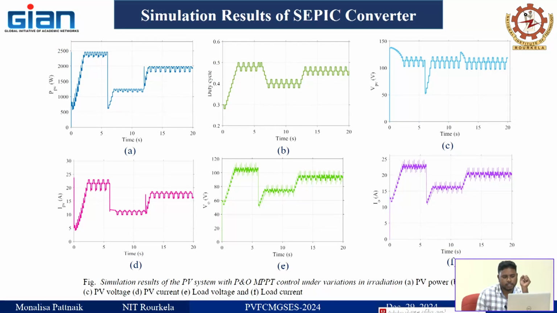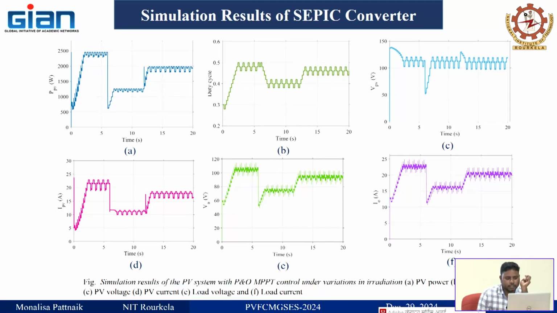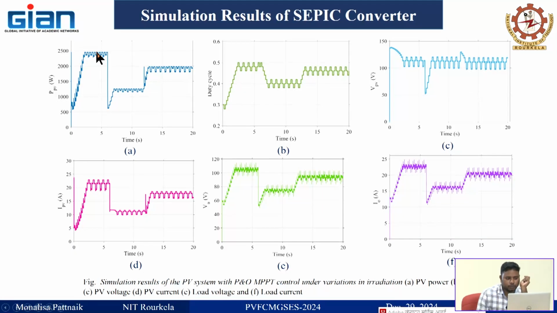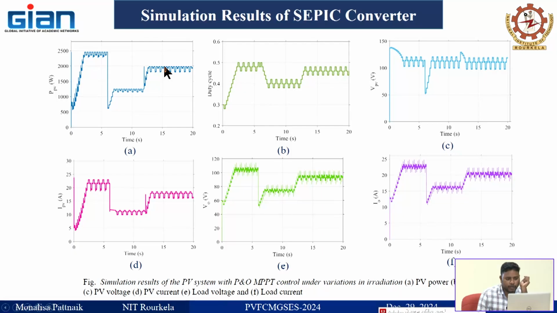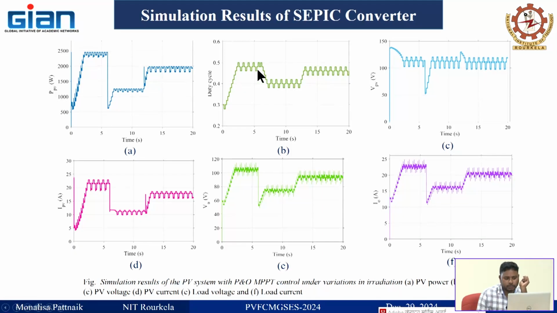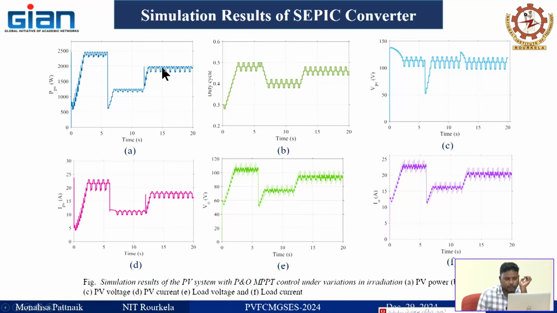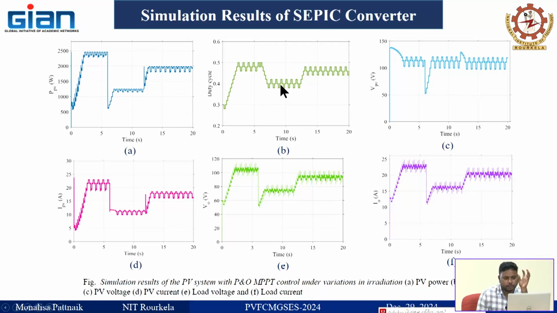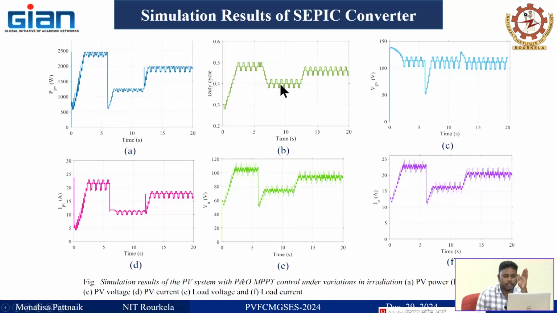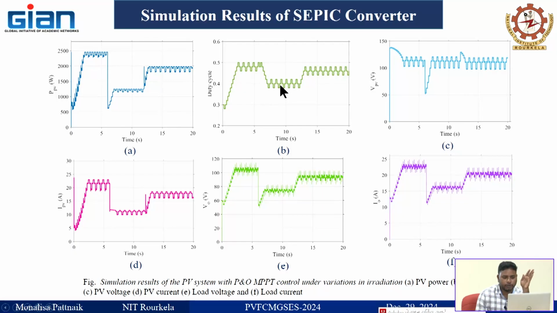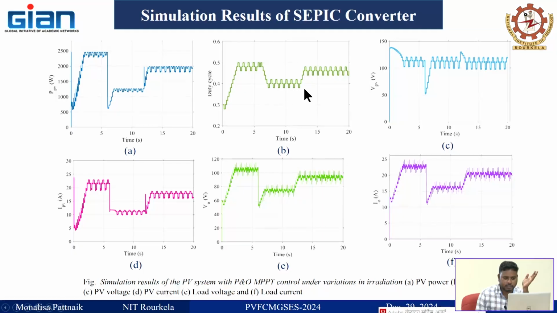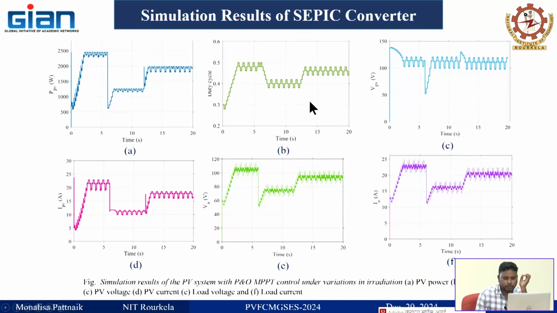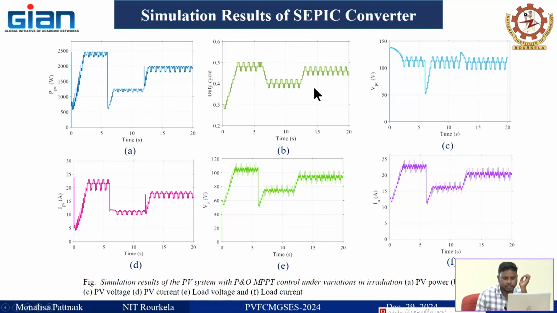These are the results: the maximum power point tracking at each insolation, 2.4, 1.2, 1.9 kilowatt, and the respective duty cycles based on the power available to track. The duty should act because it should match the output impedance to the input impedance. That is the rule of maximum power point tracking.